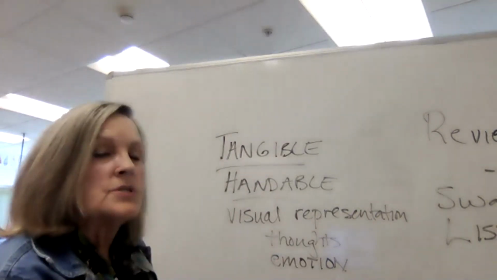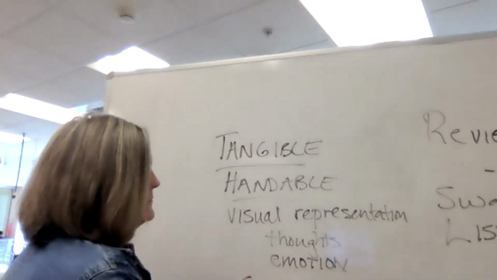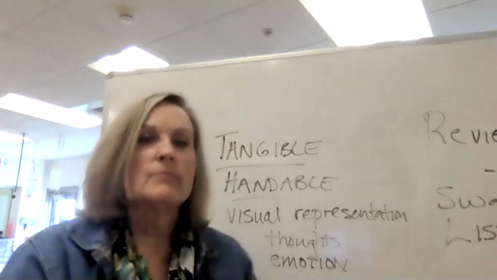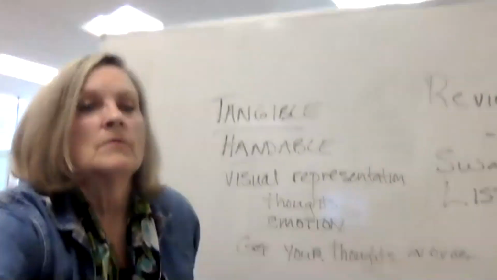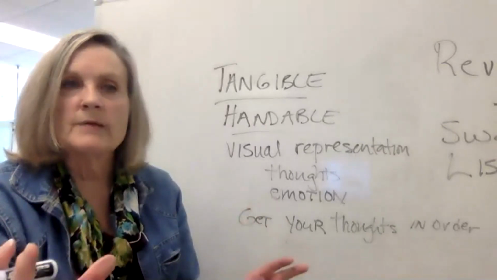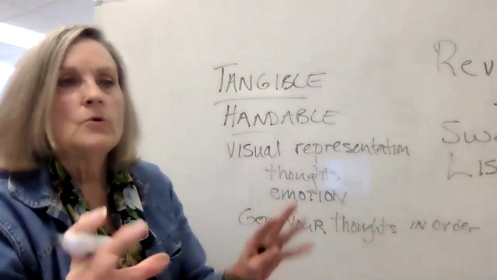Actually, I think, Cassandra, what you said was get your thoughts in order, right? I think so. I kind of forgot. Okay. Get your thoughts in order. And sometimes, remember we talked about one of the design principles was randomness. And that's kind of how collage works.